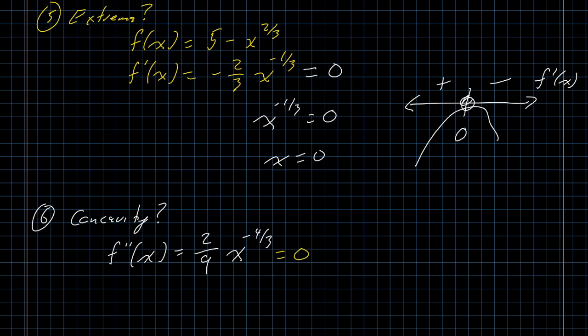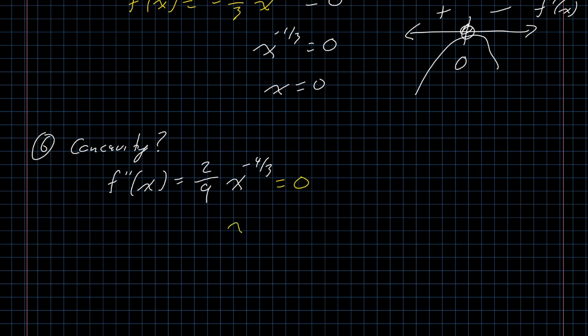All right, points of inflection are going to be points where this is equal to 0. Once again, this is x raised to some power equals 0, which is only going to happen when x itself is equal to 0.